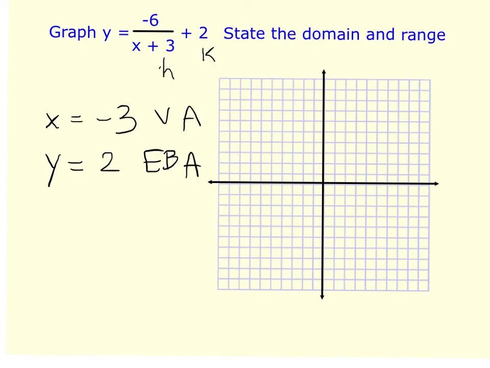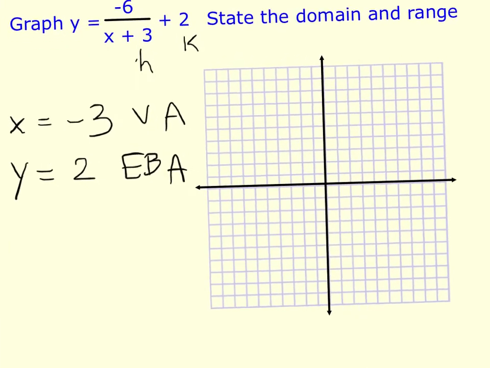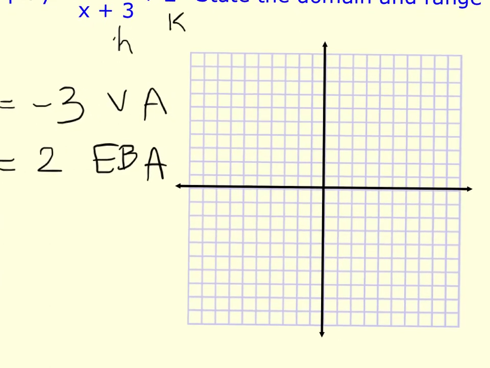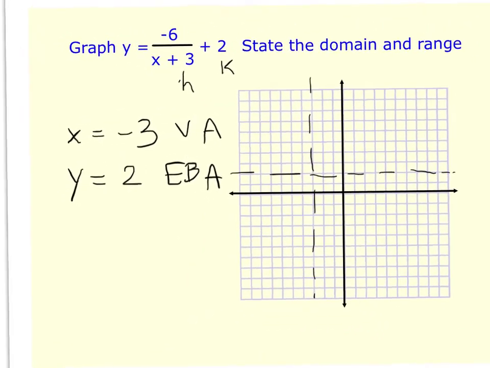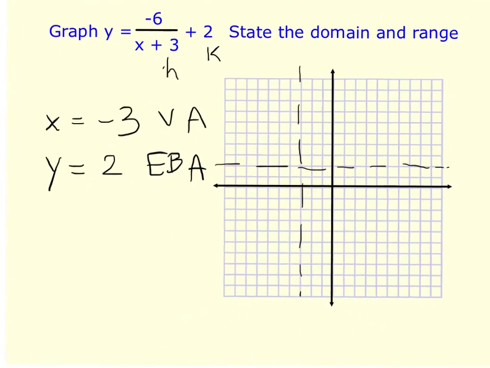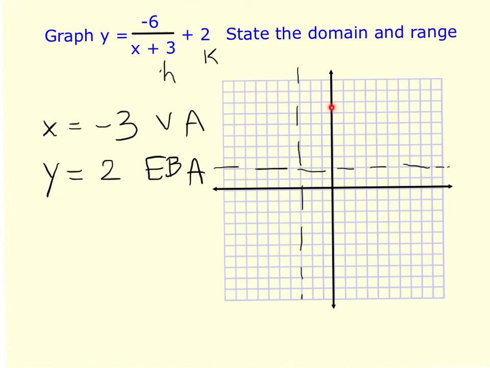So I would then come over to my graph. I'm going to blow this up a little bit here. x equals negative 3 is a vertical asymptote, and y equals 2 is my end behavior, which happens to be a horizontal asymptote. So I would put those in for sure. And then I know that I'm either going to have branches going like this and this, or branches going in kind of second quadrant, fourth quadrant.